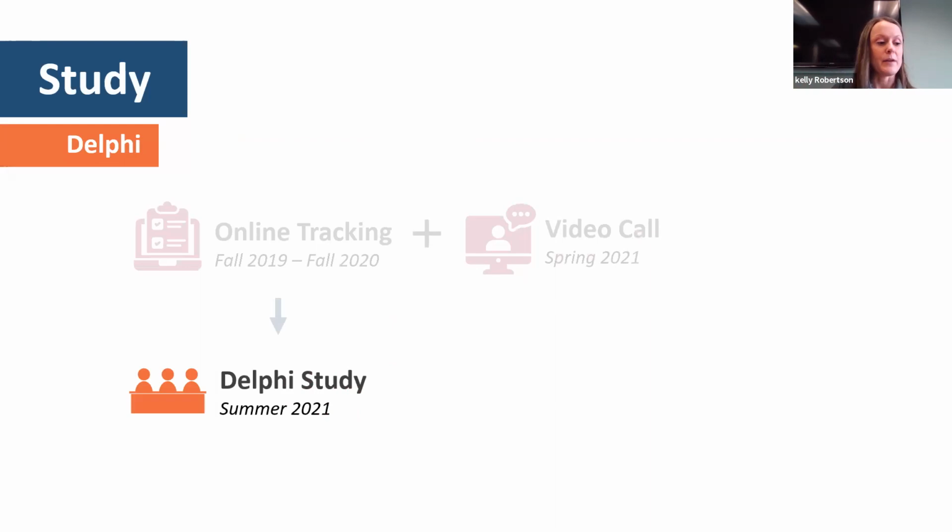So next is part of the Delphi study. If you're not familiar with Delphi studies, it involves getting together experts in a field and asking them a series of questions, usually over a couple of rounds, until they come up with some sort of consensus. I participated in two different kinds.